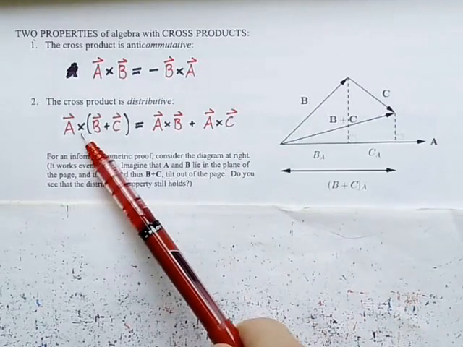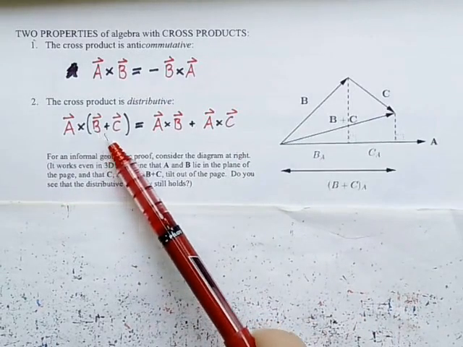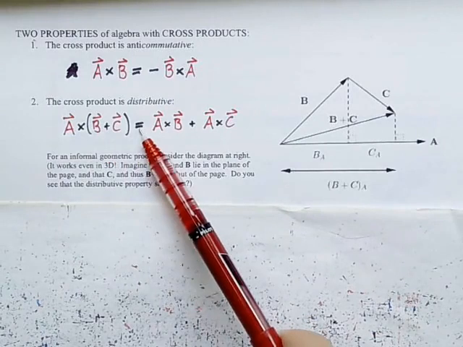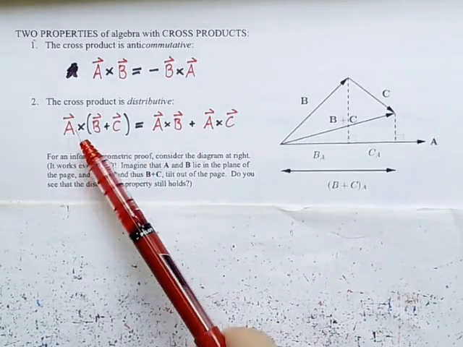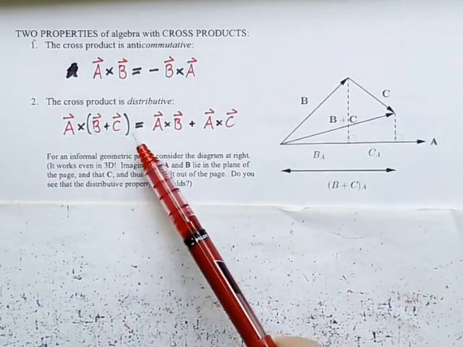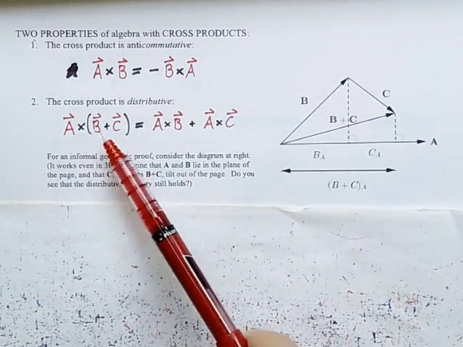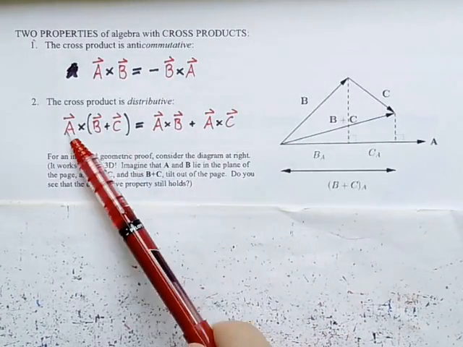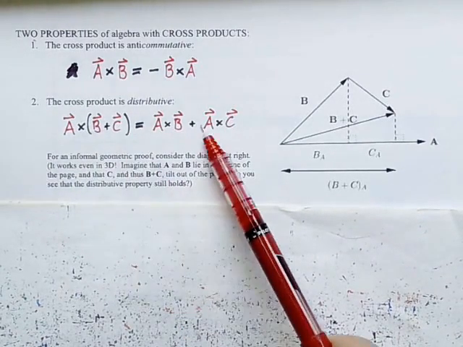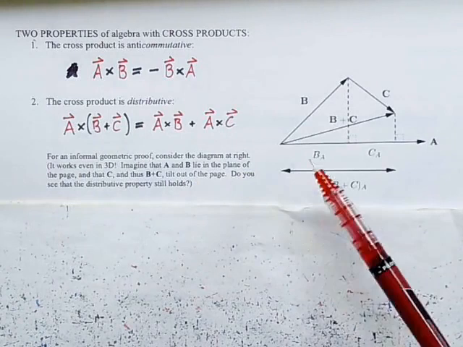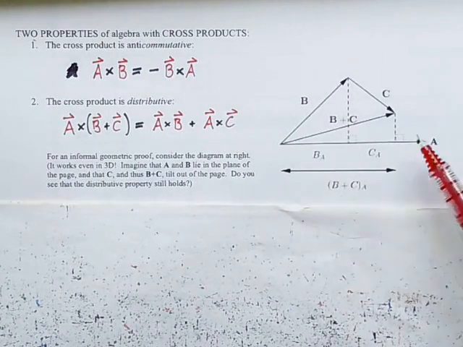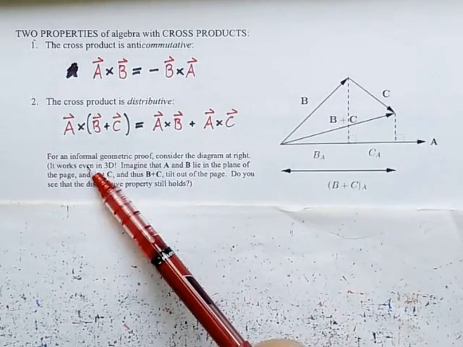A crossed with the sum, B plus C, is equal to what we would get if we distributed A to those two terms. So it's equal to A cross B plus A cross C. So this sort of can play the role of an informal geometric proof here.